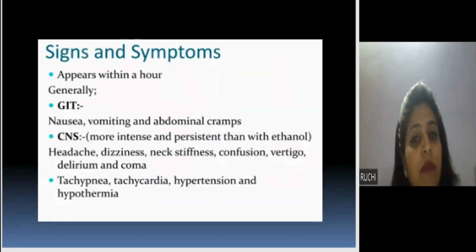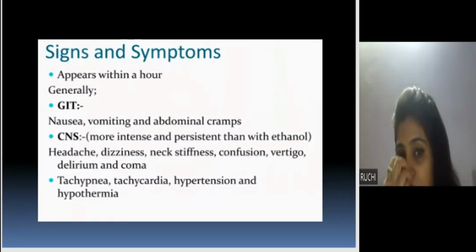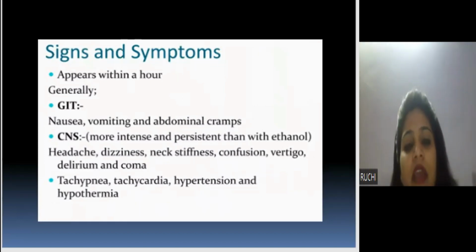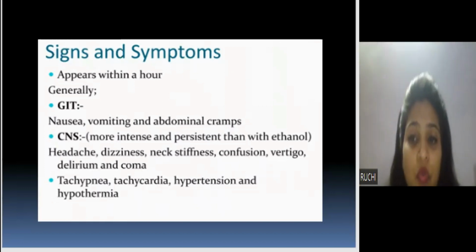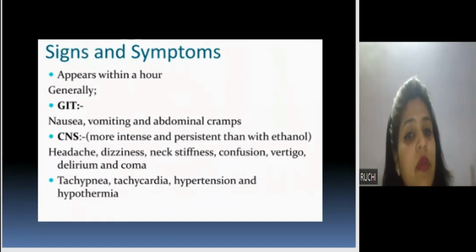Signs and symptoms will appear within an hour. In the GI tract, the patient will have severe nausea, vomiting, and abdominal cramps. The CNS symptoms are more intense and persistent than with ethanol: severe headache, dizziness, delirium, neck stiffness, confusion, and vertigo. The patient may be comatose.